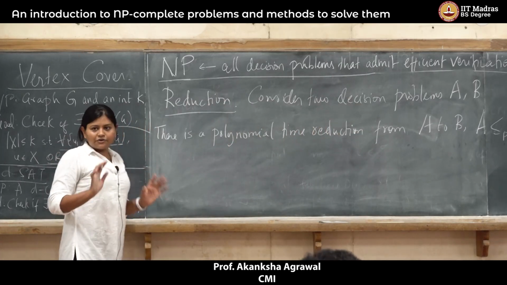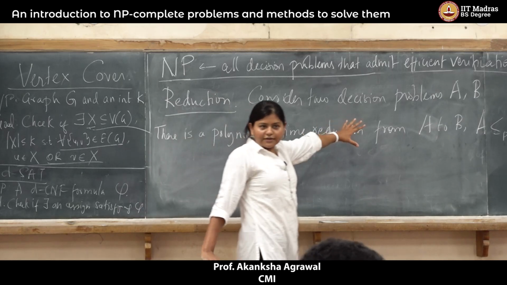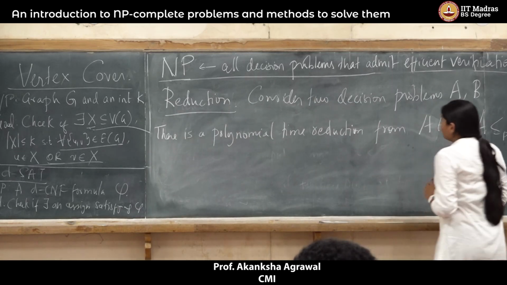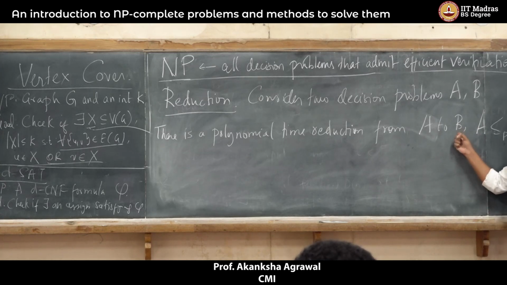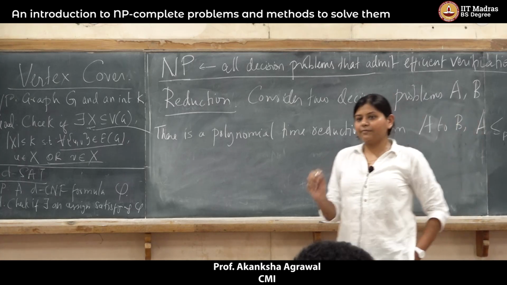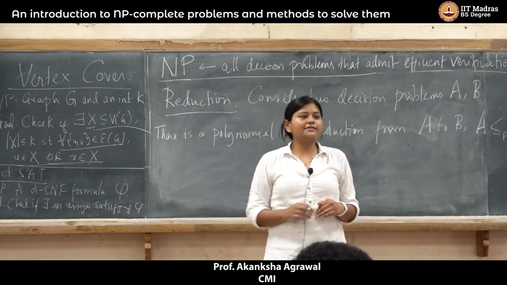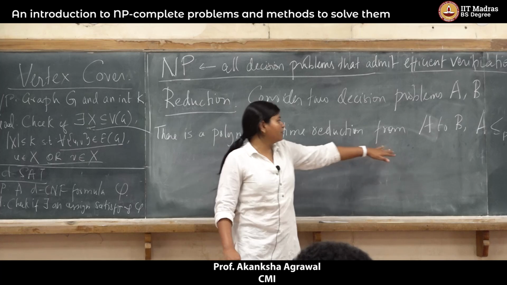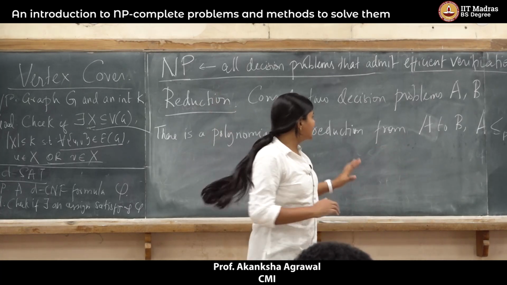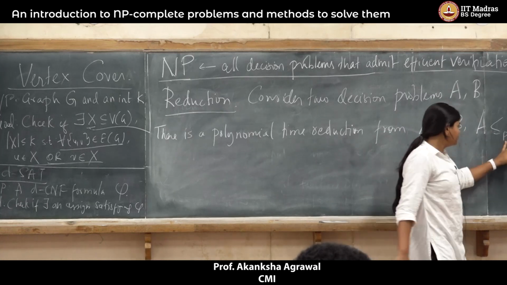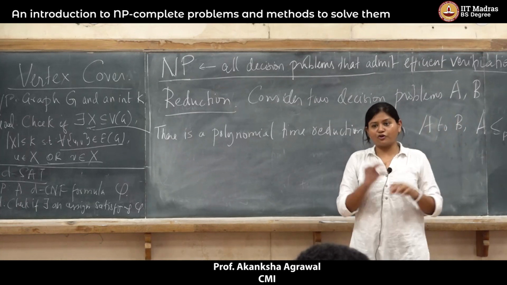Let's first try to understand the essence of what it is saying. We want to say that if somehow someone gives you a polynomial time algorithm for problem B, I can design a polynomial time algorithm for problem A. So this less than or equal to symbol with the letter P stands for polynomial time.